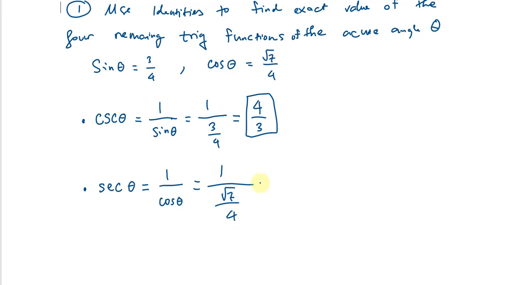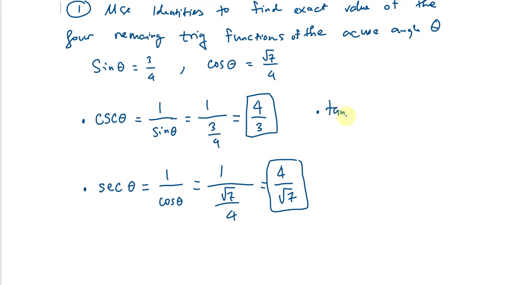And dividing is the same thing as multiplying by the reciprocal of that. So we are flipping that here. Okay. Now, we have cosecant, secant. What about tangent? Tangent is the next one.